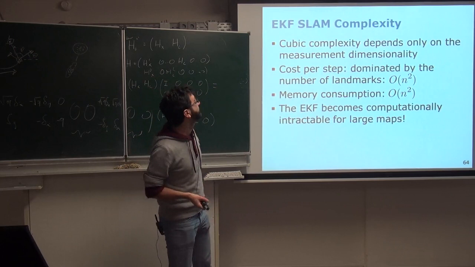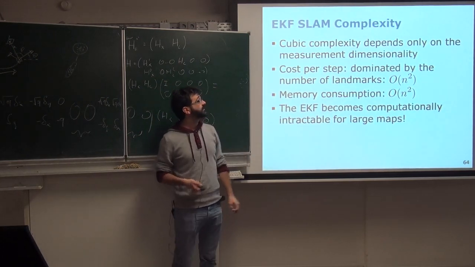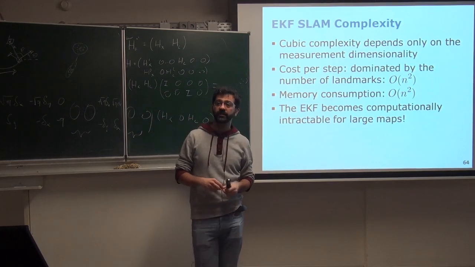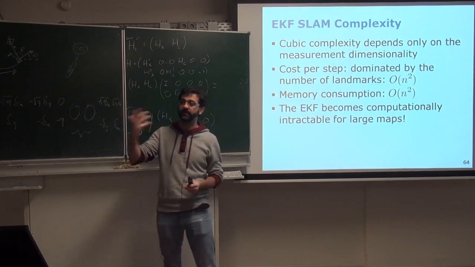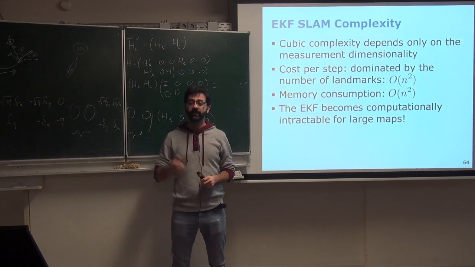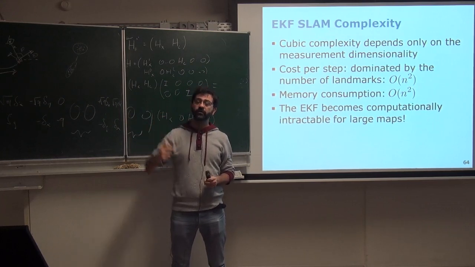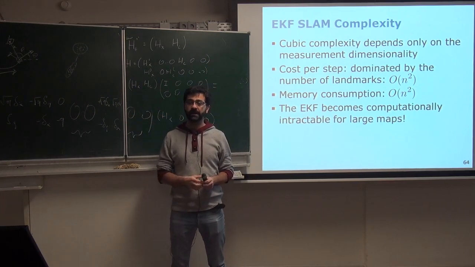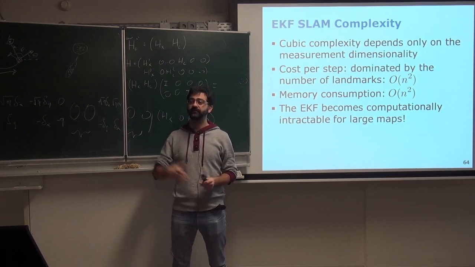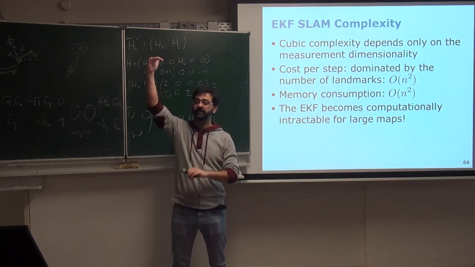Before finishing up, how costly is this? The complexity depends on the dimension of the measurement and also the dimension of your state space. When you do your update and all the multiplications, you will always have this big covariance matrix that you need to multiply.